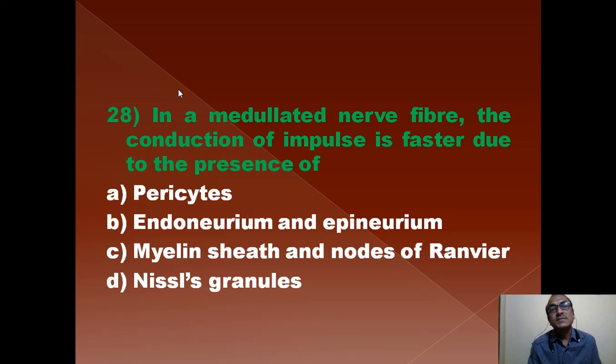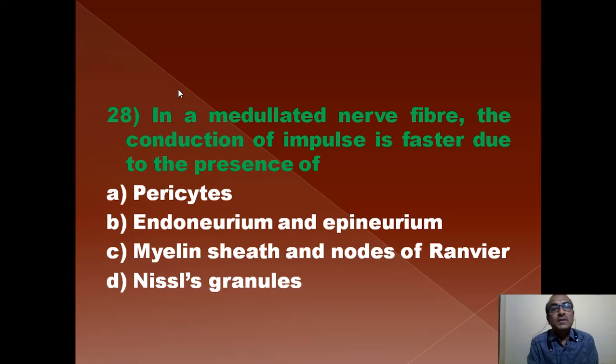Mainly, one is they are insulated by the myelin sheath, which will not allow the leakage of the electric signal, and only at the node of Ranvier there is no myelin sheath, so the conduction of impulse is such that it appears as if it is jumping from one node of Ranvier to another. So therefore, here C will be the right answer.